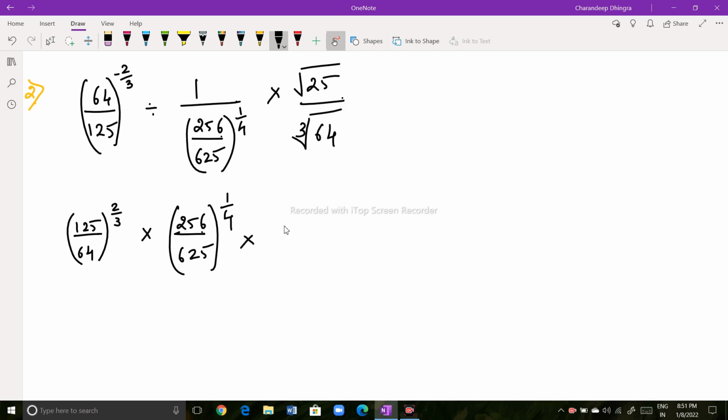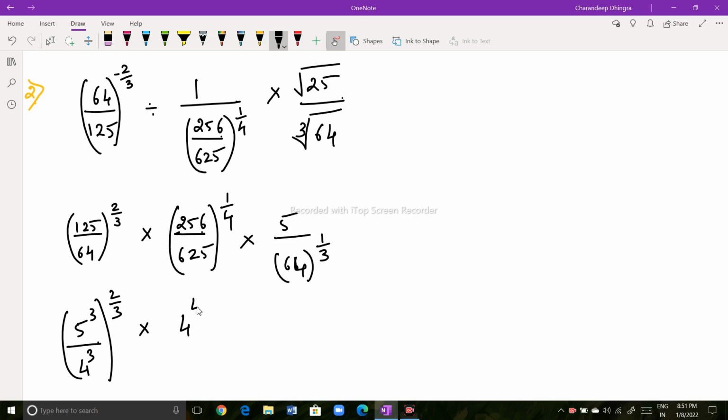Into, so square root of 25 we know is 5. Cube root of 64, with the law I can write this as 64 raised to 1 by 3. Now 125 I can write as 5 cube. 64 I can write as 4 cube. This is 2 by 3 into 256 is 4 raised to 4, 625 is 5 raised to 4.